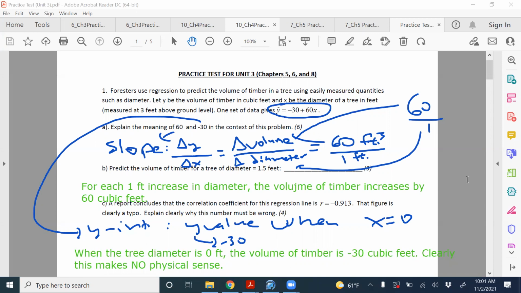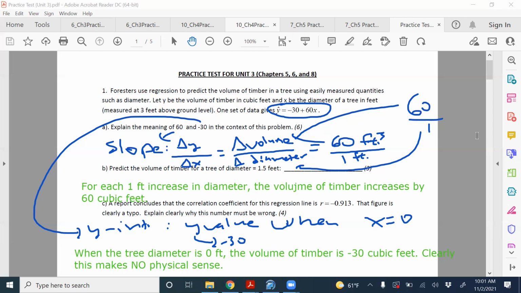If the tree diameter is 0, you don't have a tree. So it's weird, and sometimes you have to take this with a grain of salt. Sometimes we don't consider linear regression models until a certain x value, so sometimes we restrict the domain. Maybe we'll start looking at when x is half, then y is 0. Or maybe when x is like 1. Sometimes you have to figure out for what domain this makes sense. So that's how you interpret it.